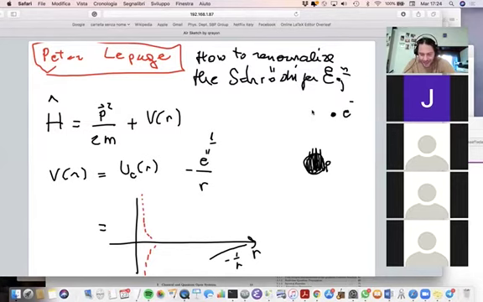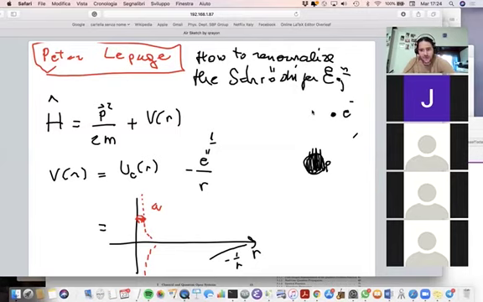And our goal, the only request, is that the scale, let me call it a, the typical scale where this short distance potential decays, is much shorter than the typical scale where, say, the ground state of this system is.